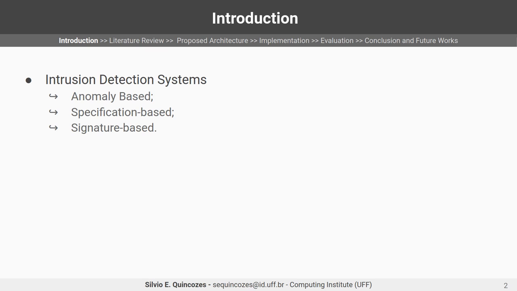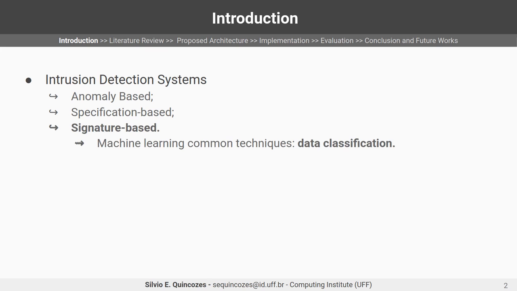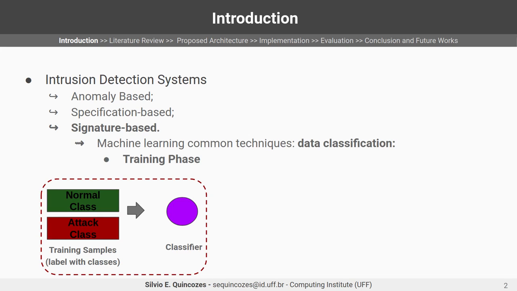Intrusion detection systems may be anomaly-based, specification-based, or signature-based. In particular, the signature-based method usually relies on data classification algorithms. Data classification algorithms usually have two main phases.